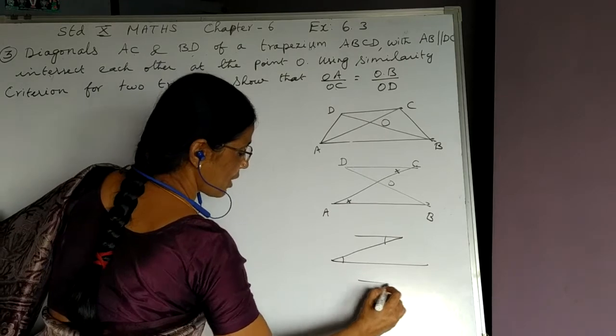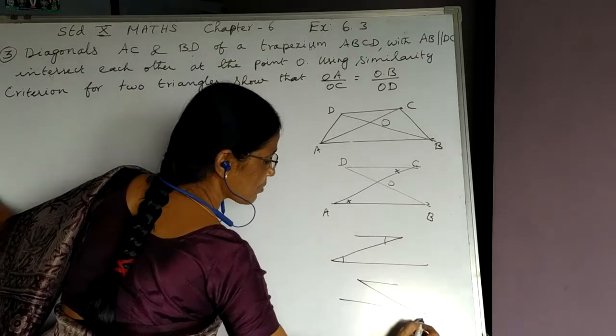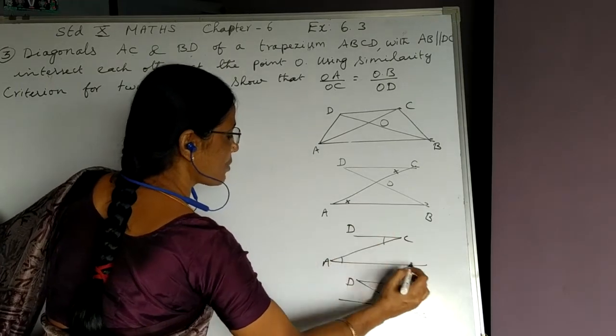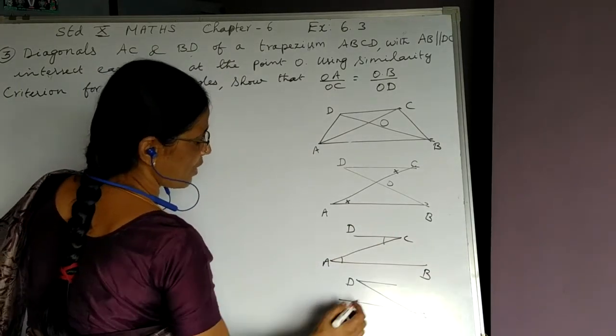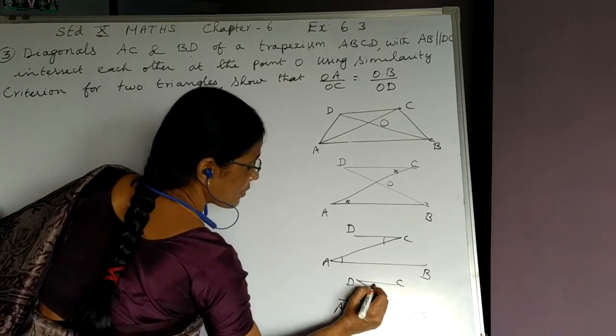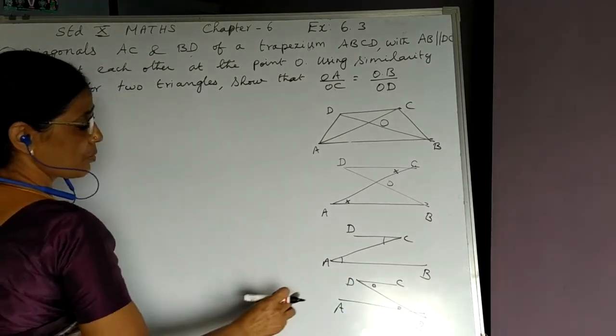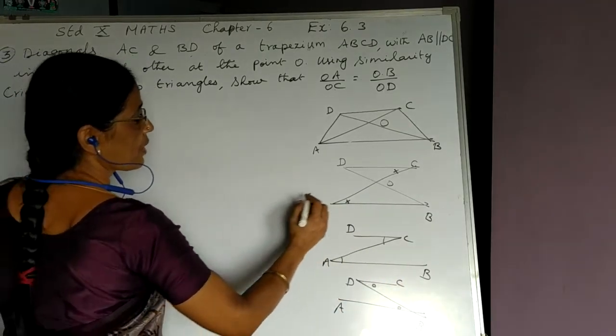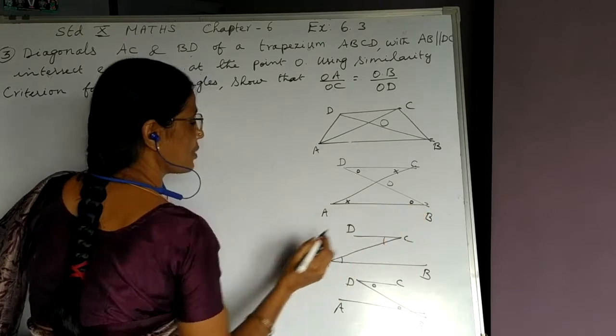Again, these 2 lines are parallel. First we took AC as the transversal, and in the second case we have taken BD as the transversal. So again alternate angles are equal because a transversal intersects a pair of parallel lines. Therefore these 2 angles are equal.